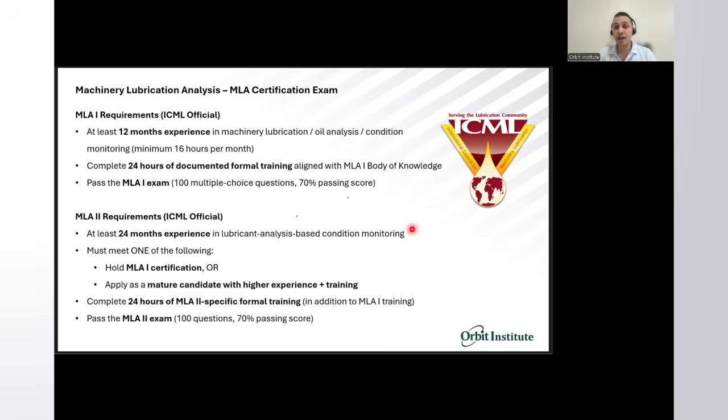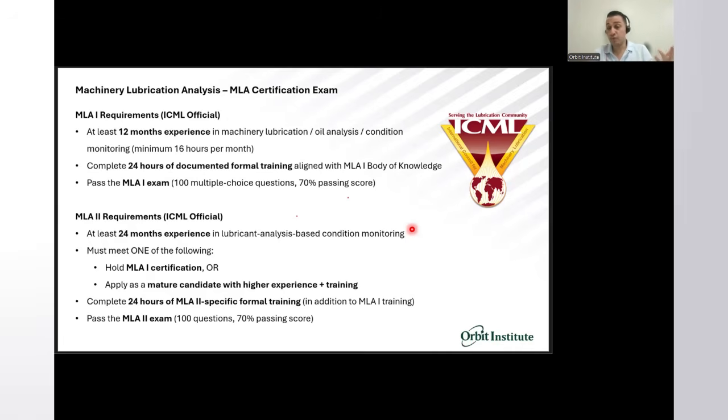And in the next slide, I'm going to show you the body of knowledge of machinery lubrication analysis level 1 and level 2 as well. And of course, you need to pass the MLA 1 exam. The exam is 100 multiple choice questions and the pass rate is 70%.